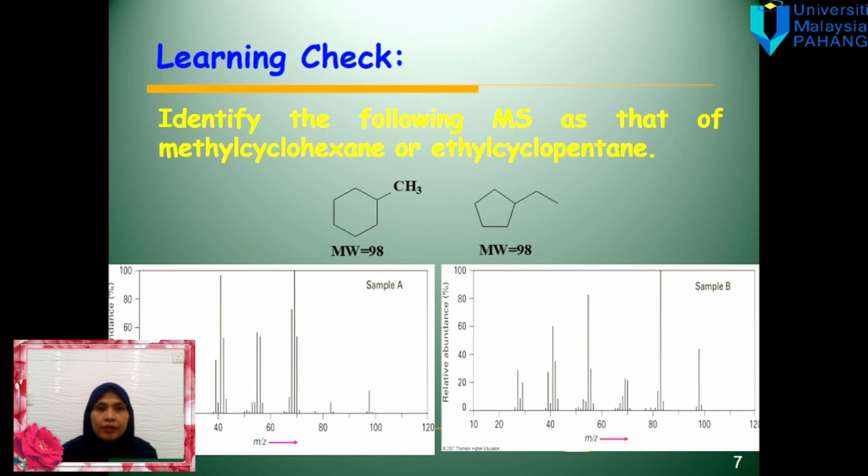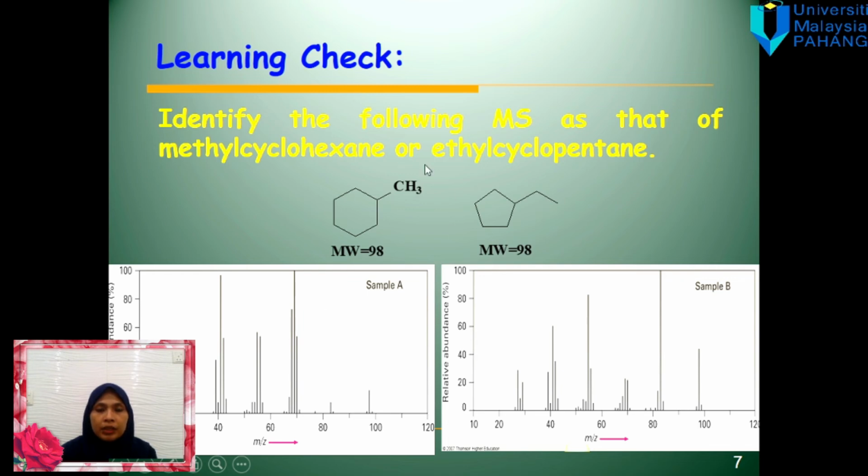Now we have a learning check in this slide. After we learn all the subchapters, we try to answer this question. Identify the following MS as that of methylcyclohexane or ethylcyclopentane, based on the two unknown spectra.